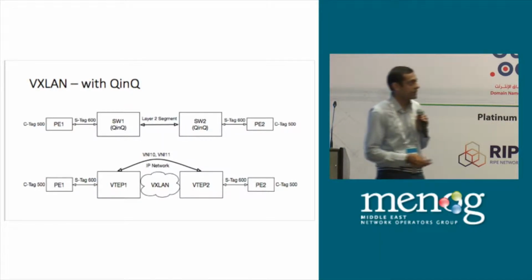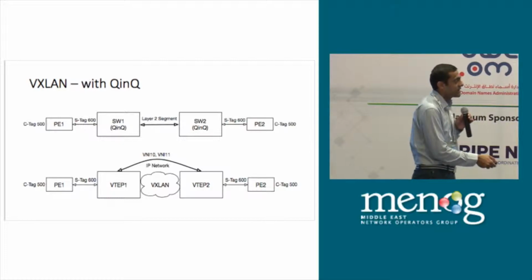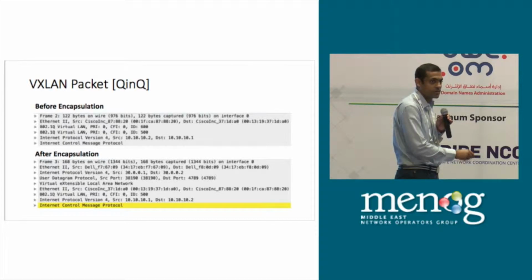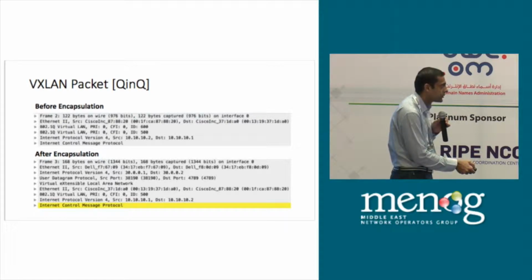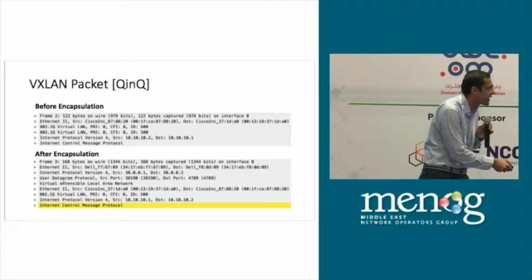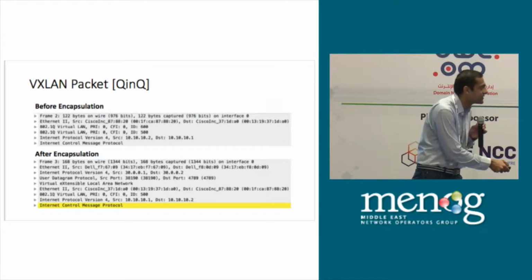So this is the packet capture. As I said, they don't care about the inner VLAN. So there was 500 inside. When the packet was encapsulated in a VXLAN, the outer VLAN 600 was replaced by a VNI, and the inner VLAN 500 remained as it is.